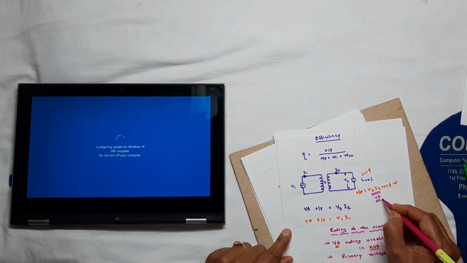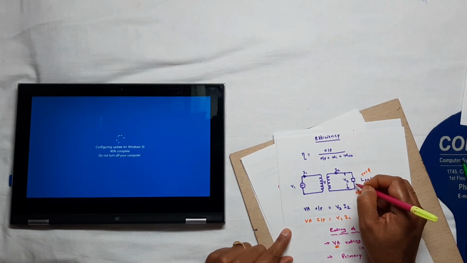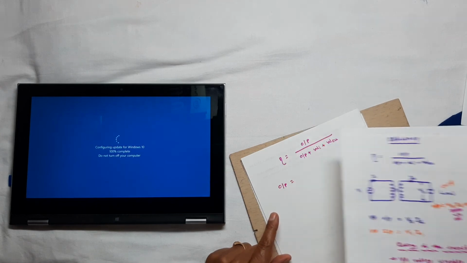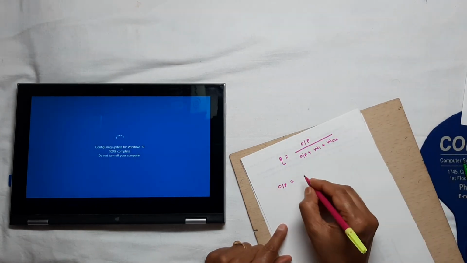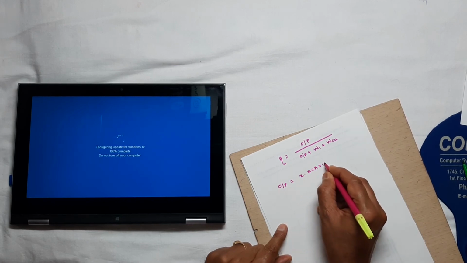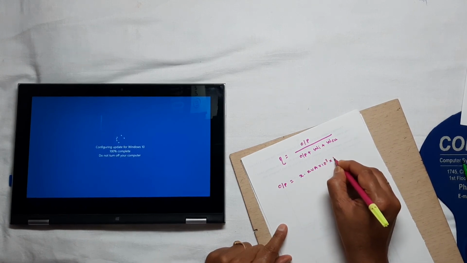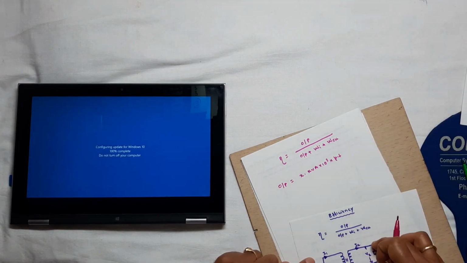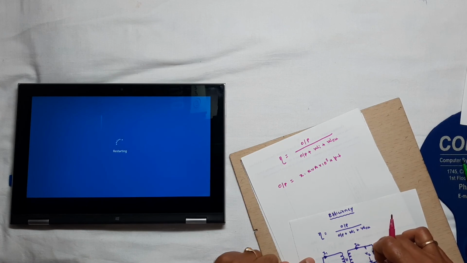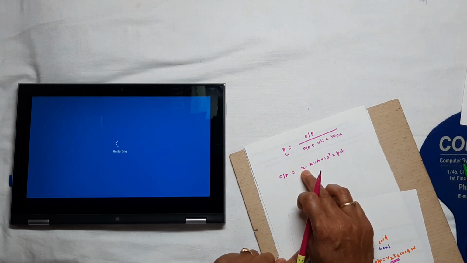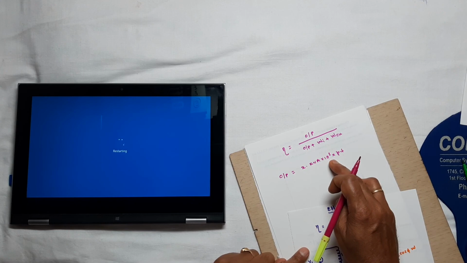This volt ampere rating depends upon how much load you are connecting, whether it is full load current, half load current, or 3/4 current, at any load X. Therefore, the output in general can be written as X times kVA into 10 raised to 3 into power factor.